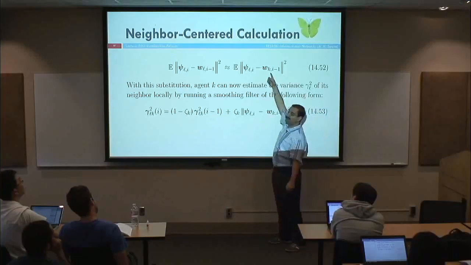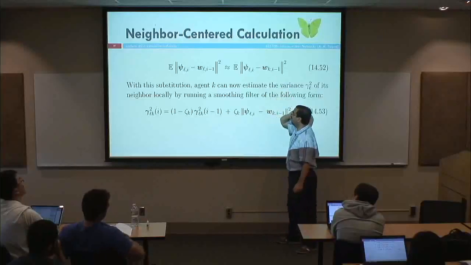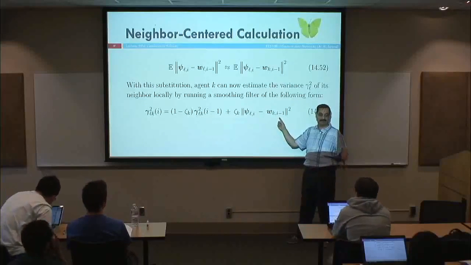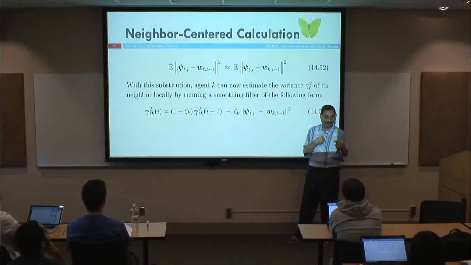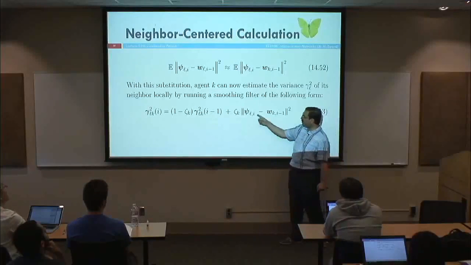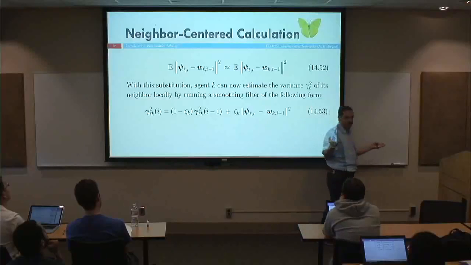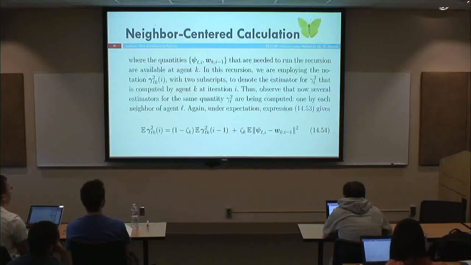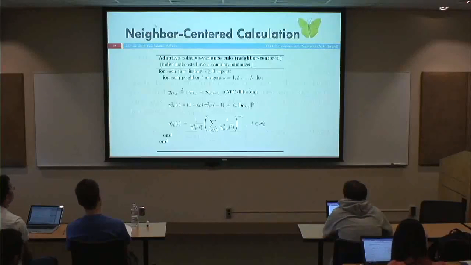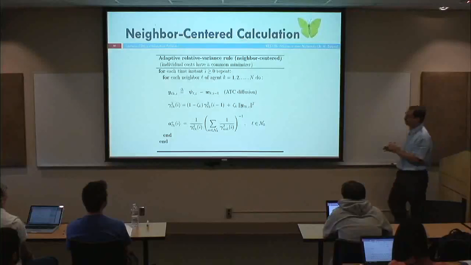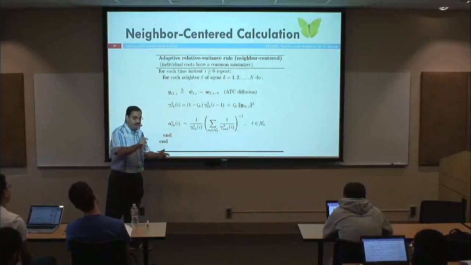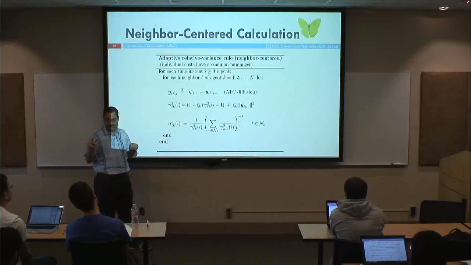So agent K can do this, okay? So agent K smooths this difference. I compare what you sent me with what I have. And then this quantity will be an approximation for what you want. If you implement it in this way, you end up with this recursion here. This implementation here. Okay? So now agent L is sending only psi, correct?